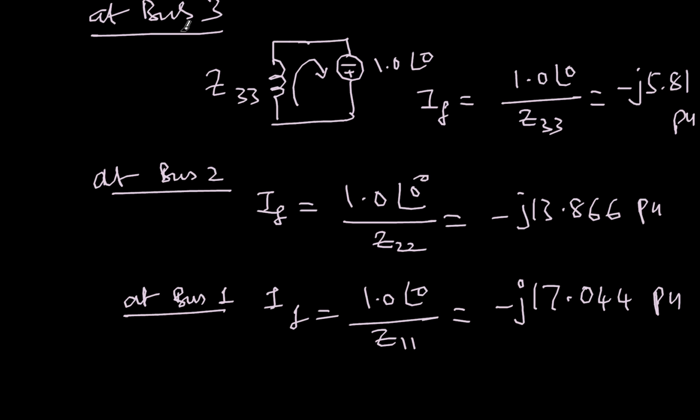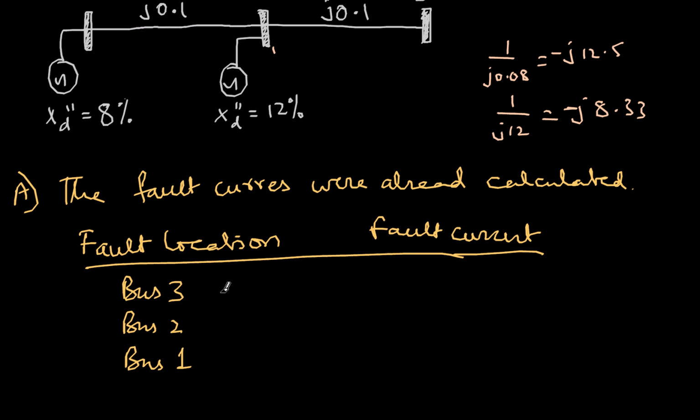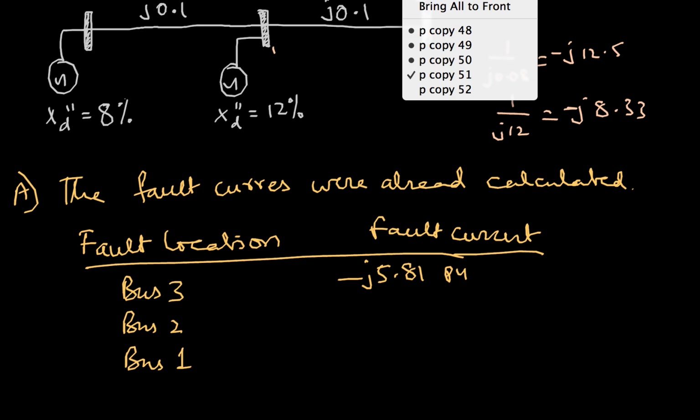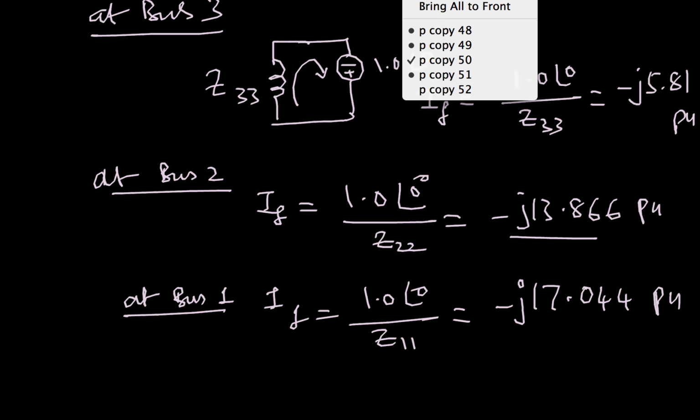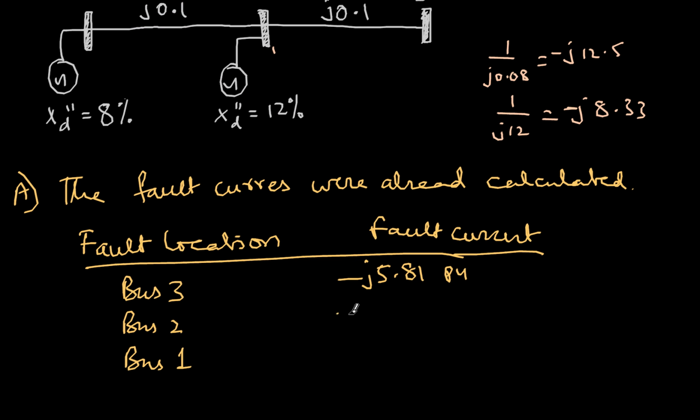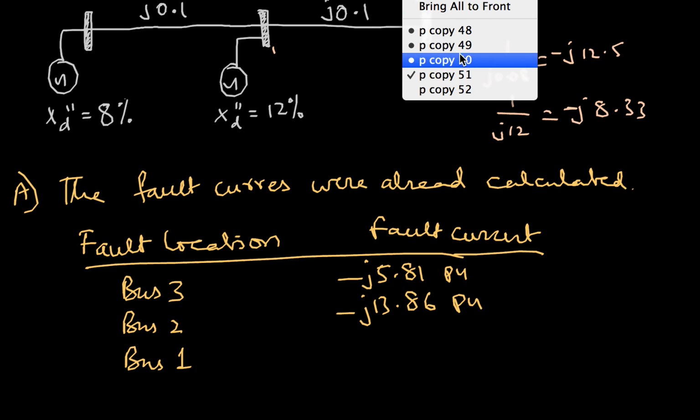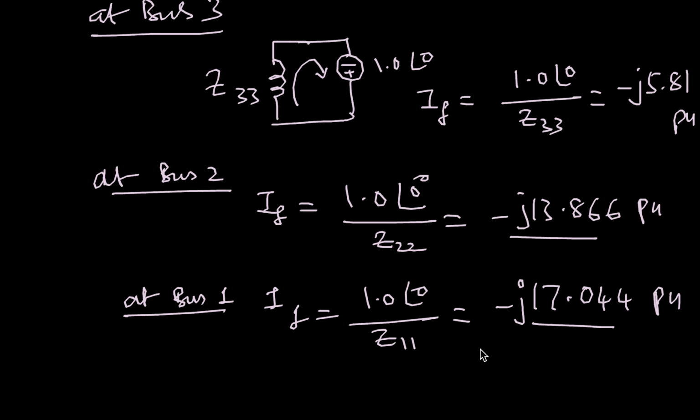At bus 3, the fault current is minus J 5.81 per unit. Similarly at bus 2, it is minus J 13.86 per unit, and at bus 1 it is minus J 17.04.